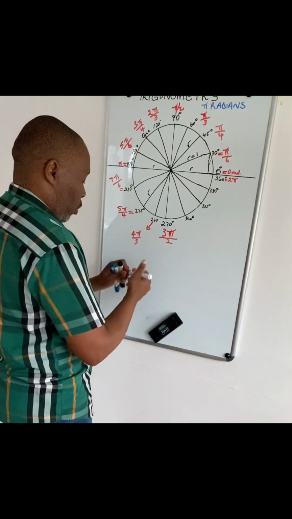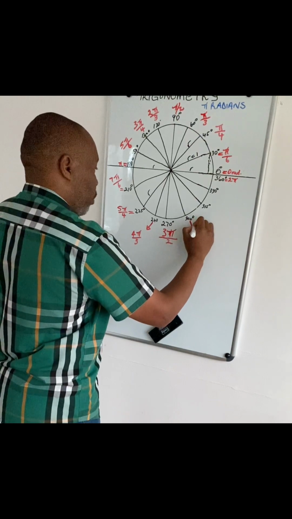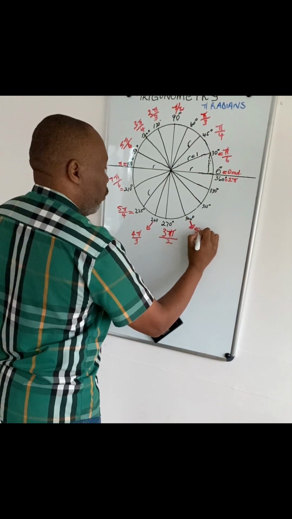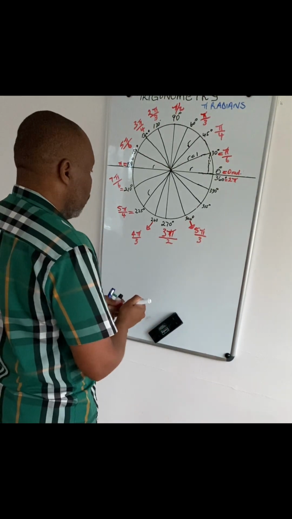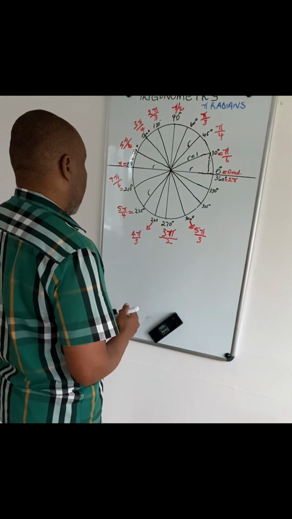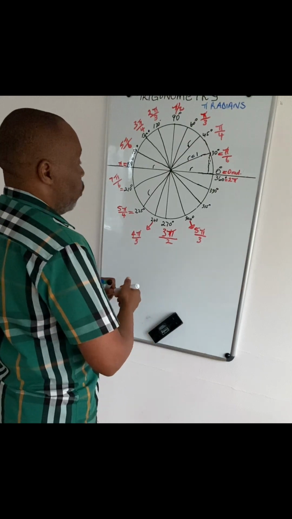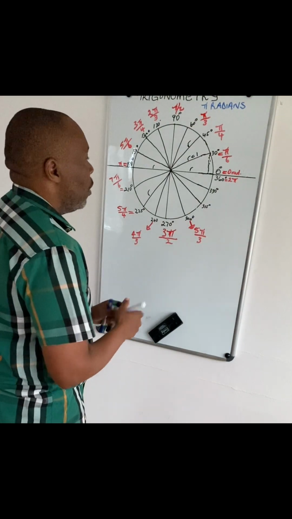Let me wipe off this one. This one would be 5 pi over 3.